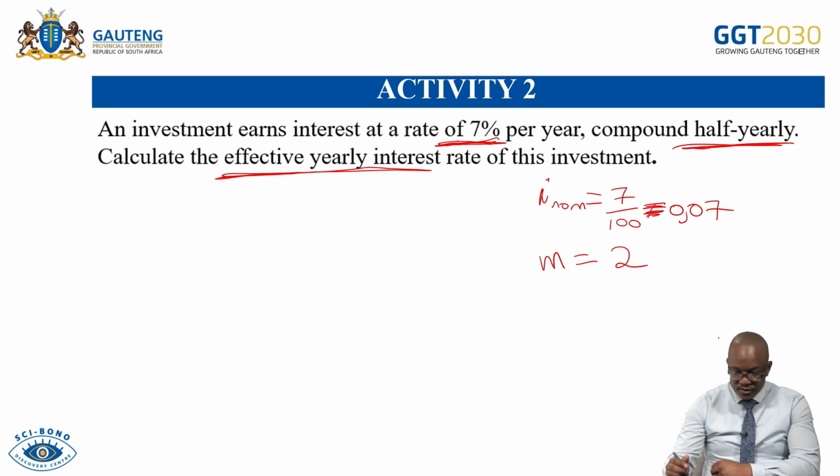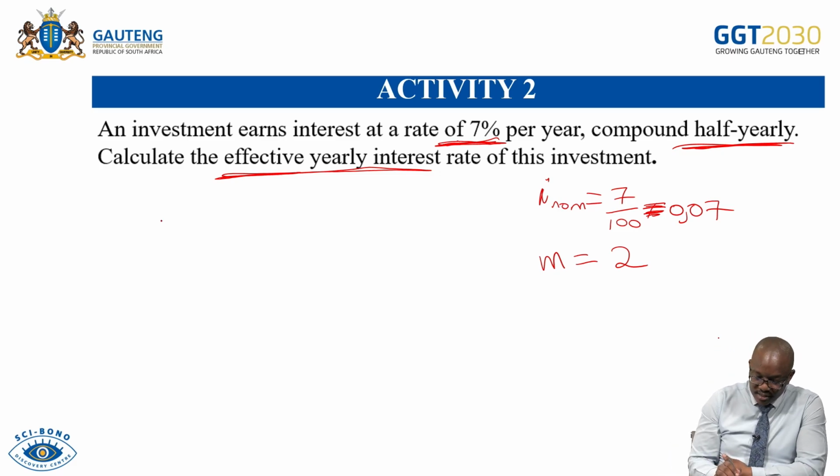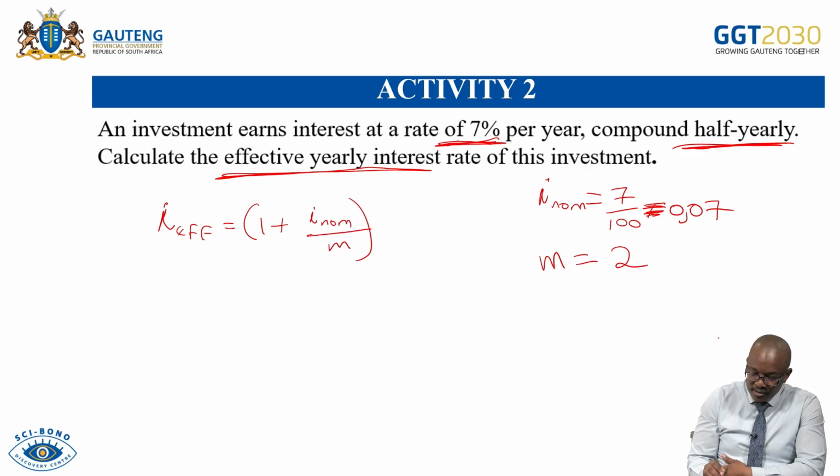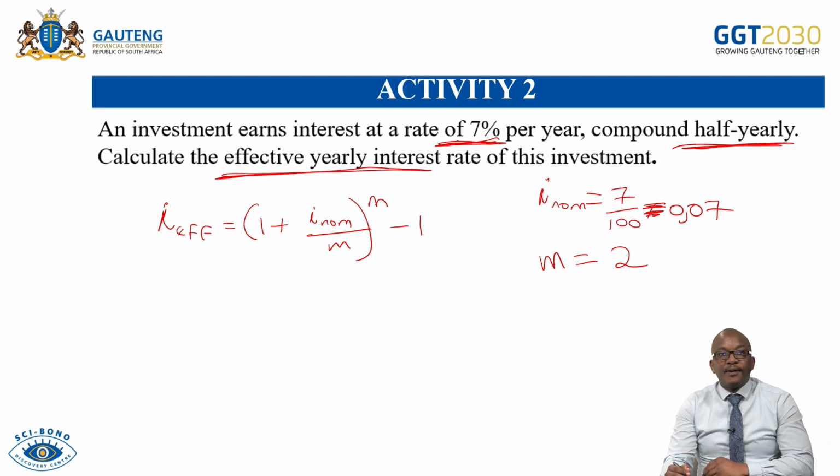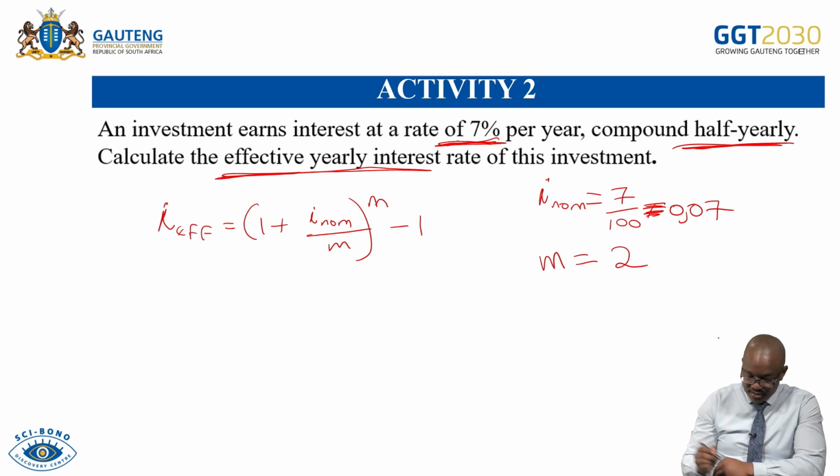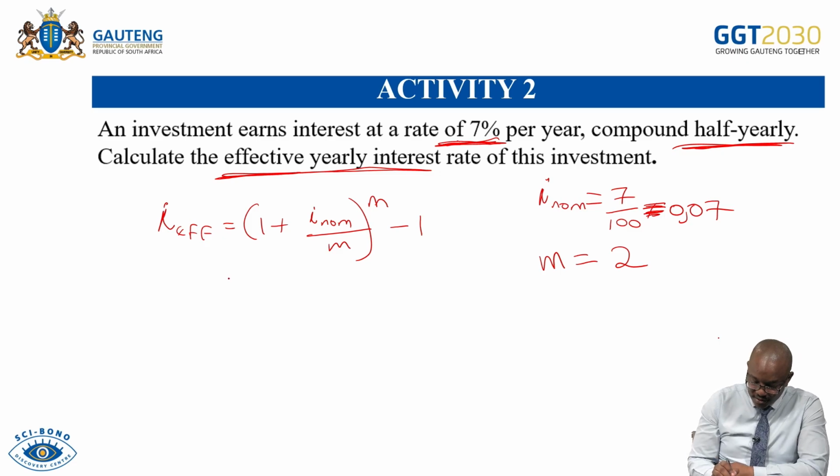So now we write our formula: 1 plus I norm all over m, to the power of m, minus 1. Remember, this formula must be accurate as you rewrite it from your information sheet. Then we can deal with our substitution.